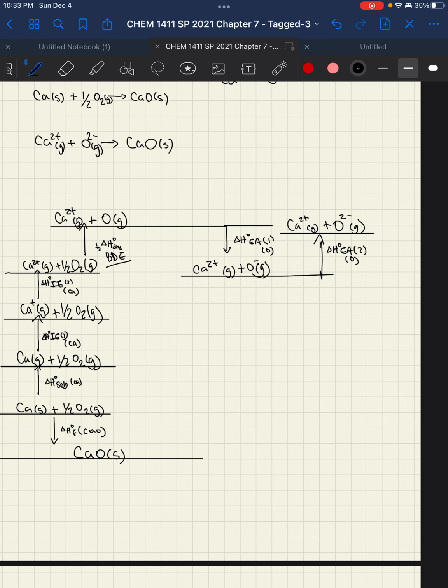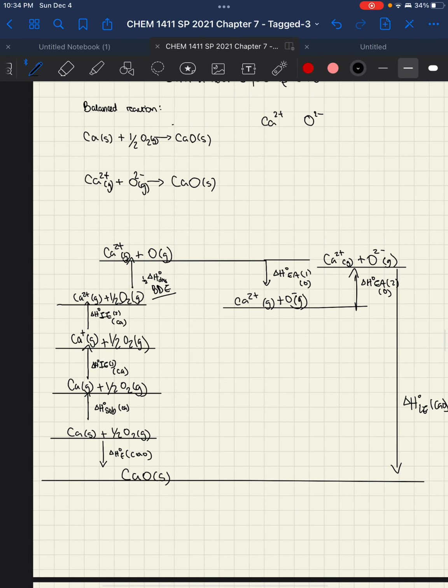So the last step will be the lattice energy. So where is it? Here, we're back to the beginning. That's essentially going to be the lattice energy for this.